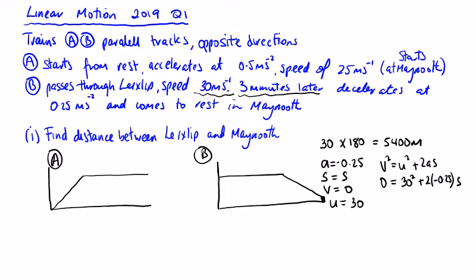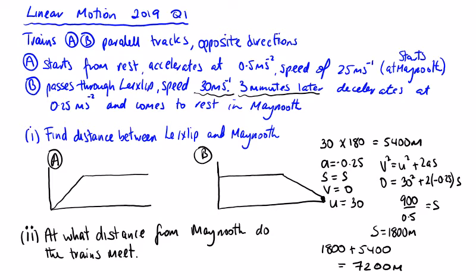That's 0.5 s going to the left, so it's going to be 900 divided by 0.5. So s is going to be 1800. And that's the total distance then, 1800 plus 5,400. So the distance between the two towns must be 7,200 meters.